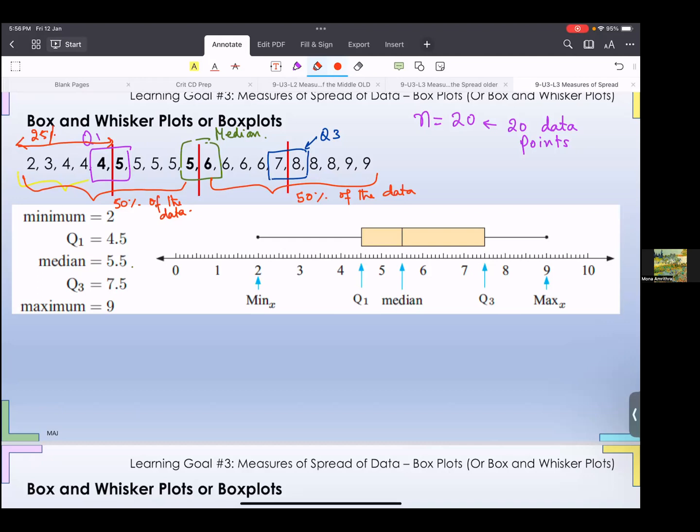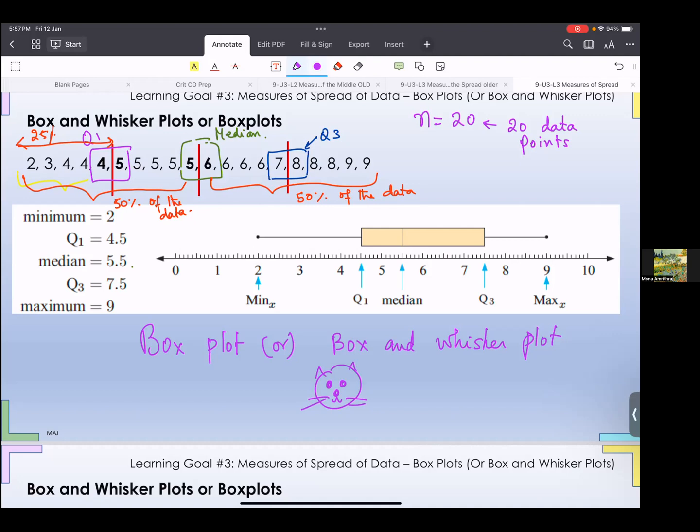So this is what is called a box plot, or a box and whisker plot, like a cat's whiskers, right? That's why it's called a box and whisker plot.